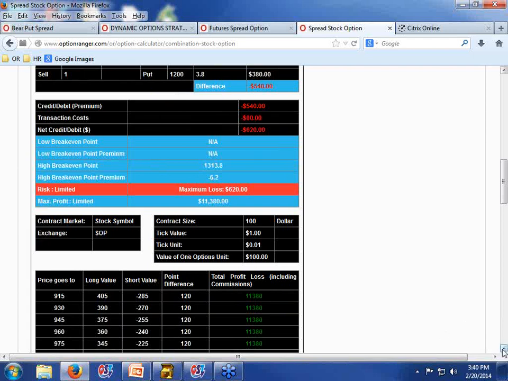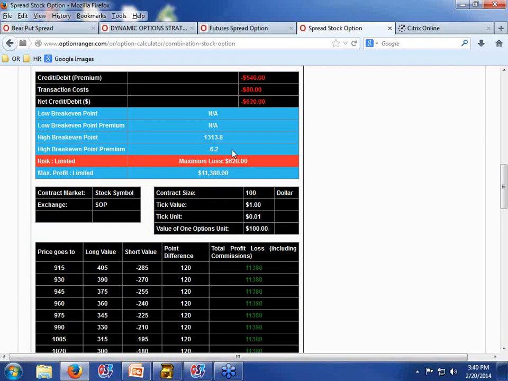Things are charged differently. And as you can see on the trade, your high break-even point on gold would be $13.80. So as long as the market gets below $13.80 on the gold, intrinsically, that's where this trade would become intrinsic or in the money profitable.